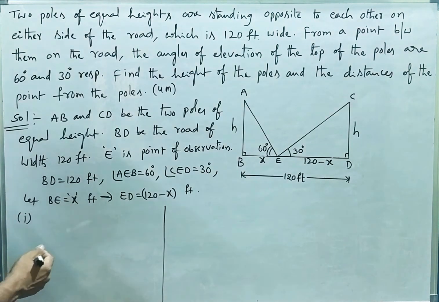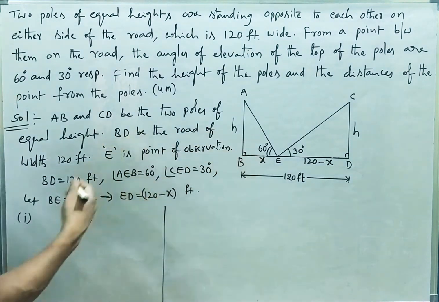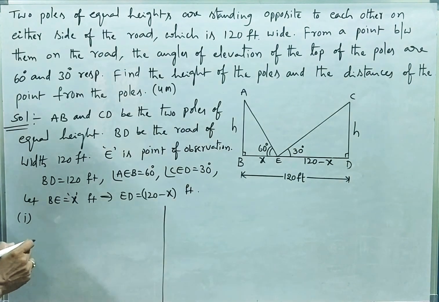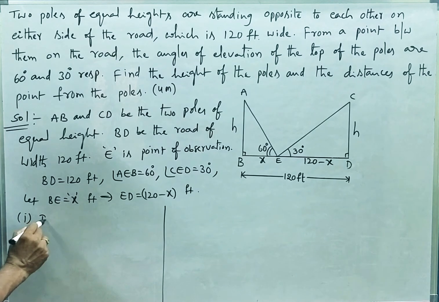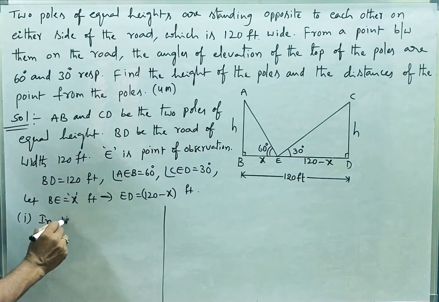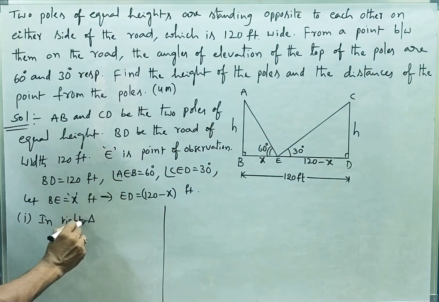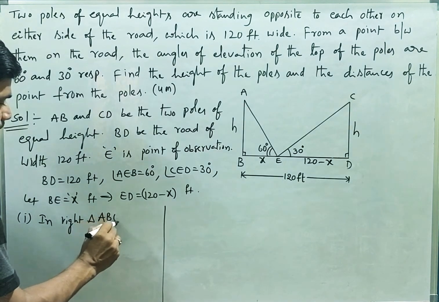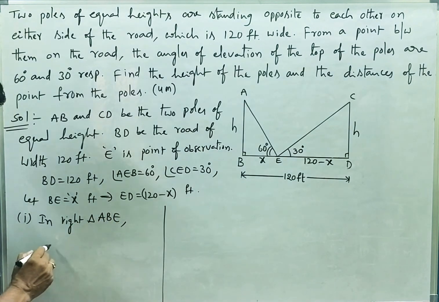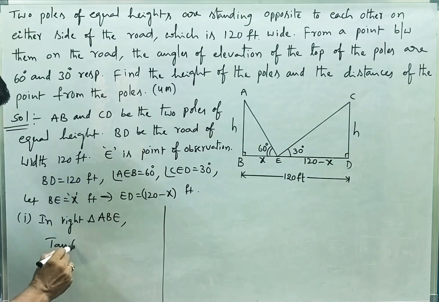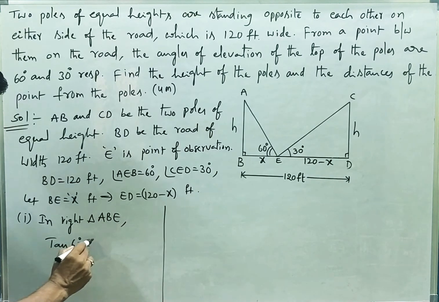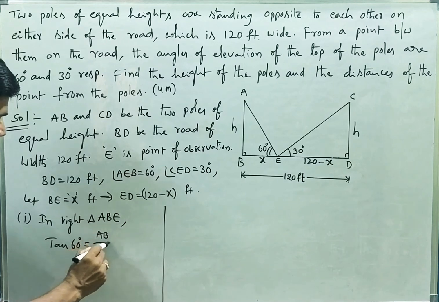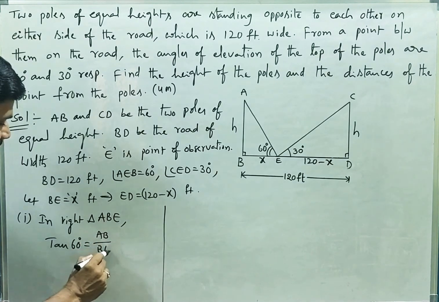Step 2. After drawing the figure, we have to go for the trigonometric ratios to derive the equations. In right triangle ABE, tan 60 is equal to opposite side AB by adjacent side BE.